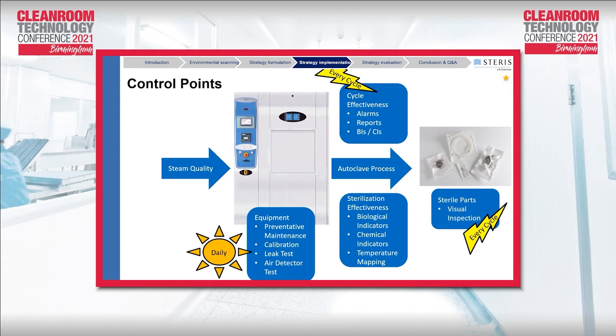The air detector test or the leak test should be performed daily or periodically if there is an adequate justification, and then annually you will be looking at the steam quality and so on. And even annually the sterilization process.